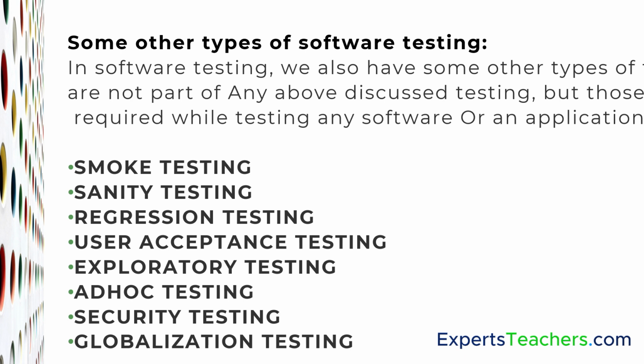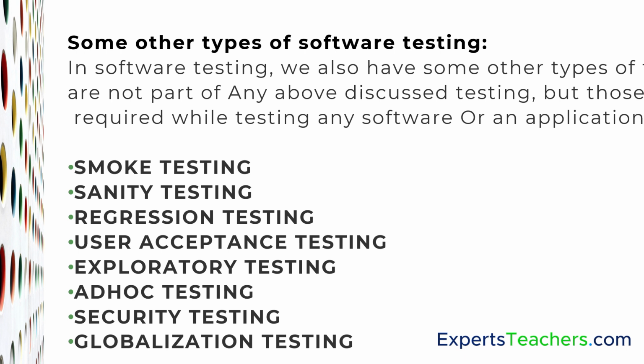But sanity testing is done in the later part, when the minor bugs have been fixed by the dev team and they have released the build to the tester. Sanity testing is a kind of subset of regression testing.